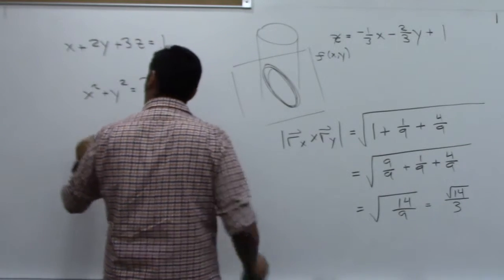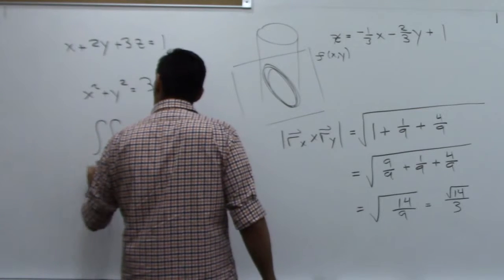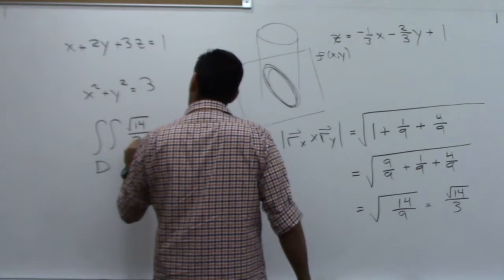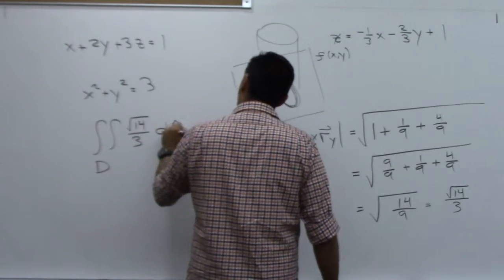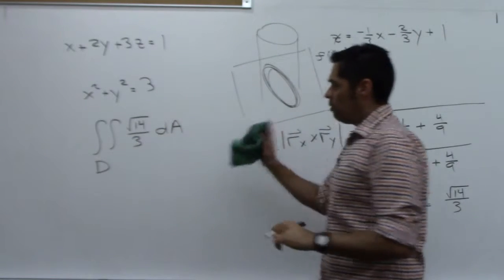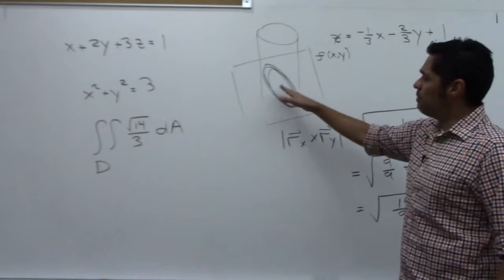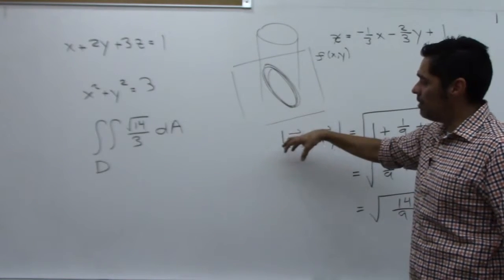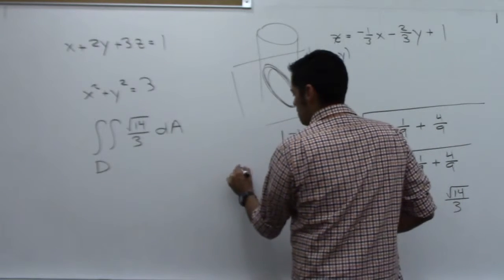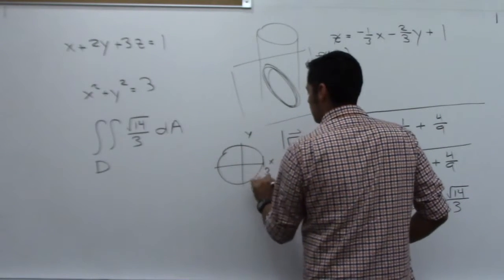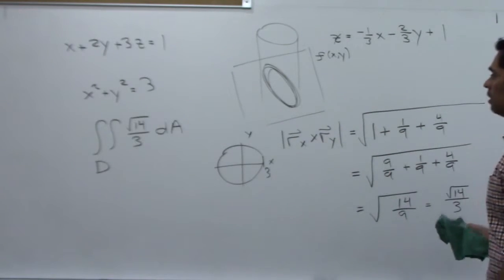I'm supposed to go double integral over D of this root 14 over 3 dA, which I can pull out. So let me try and control this. Well, if you look at the ground of that, on the ground in the xy plane, that's a perfect circle with radius root 3. So I'm going to go to polar here.